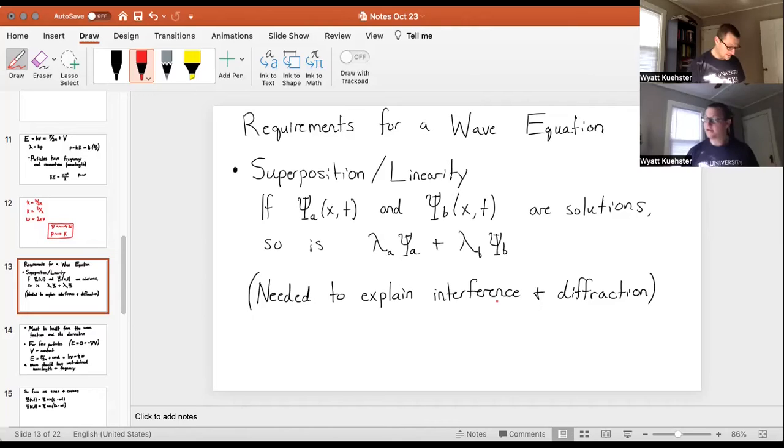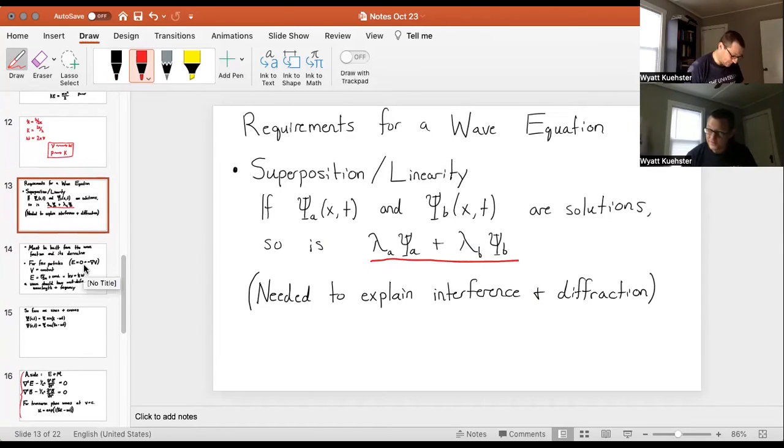And this mathematically is the same thing as requiring linearity of your equation. So that means if psi A is a solution and psi B is a solution to the wave equation, then we need that a linear combination, lambda A psi A plus lambda B psi B, should also be a solution. And these lambda A and lambda B, I guess, could be any complex, a complex linear combination.